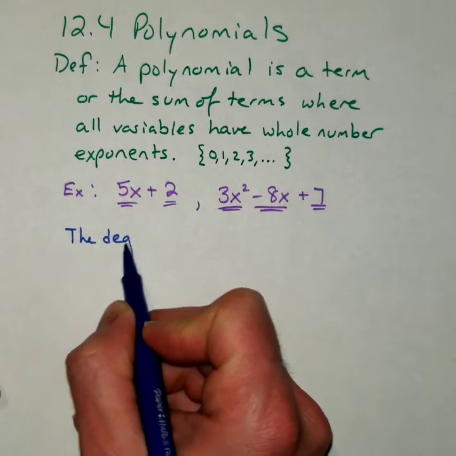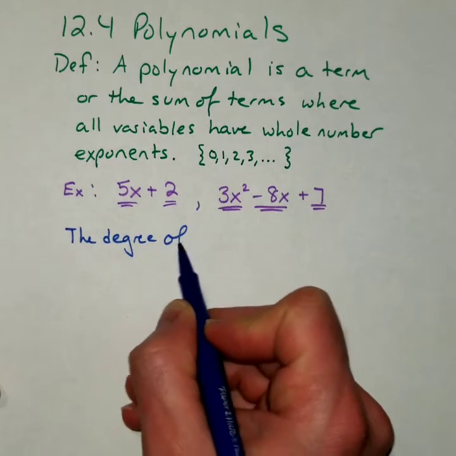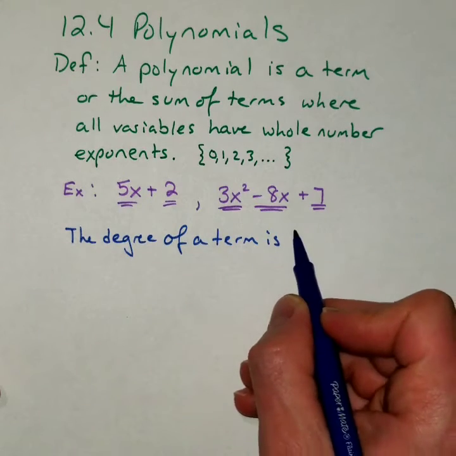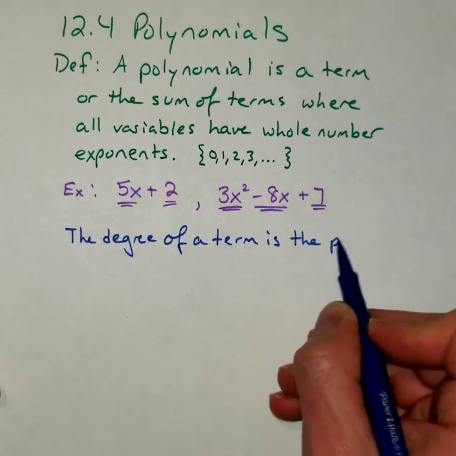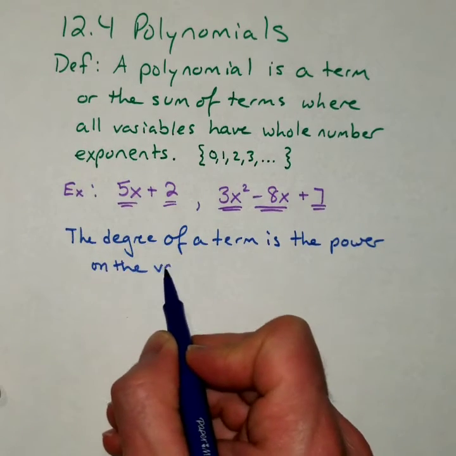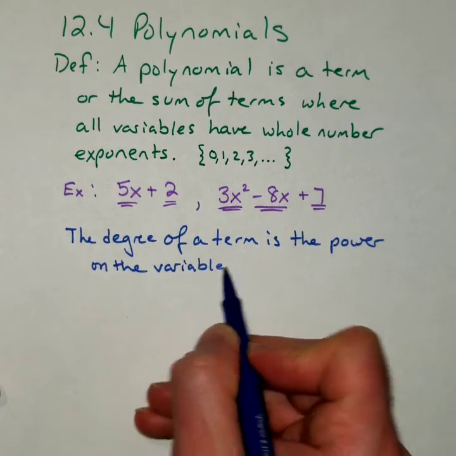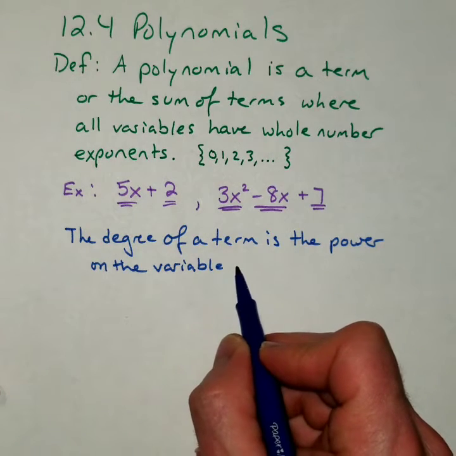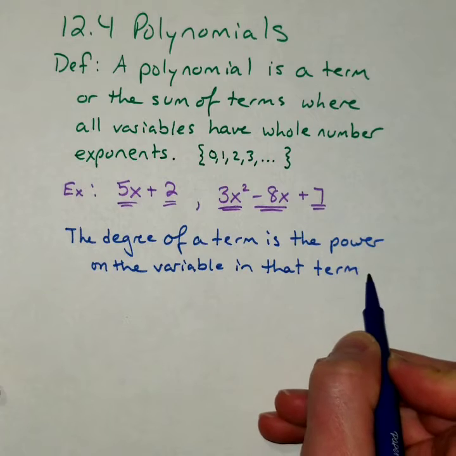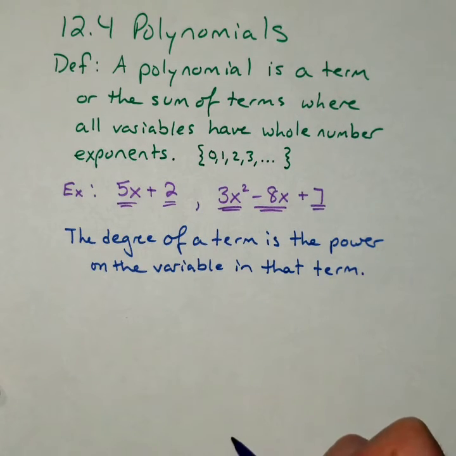The degree of a term is the power on the variable in that term. Okay, so the degree of a term is the power on the variable in that term.